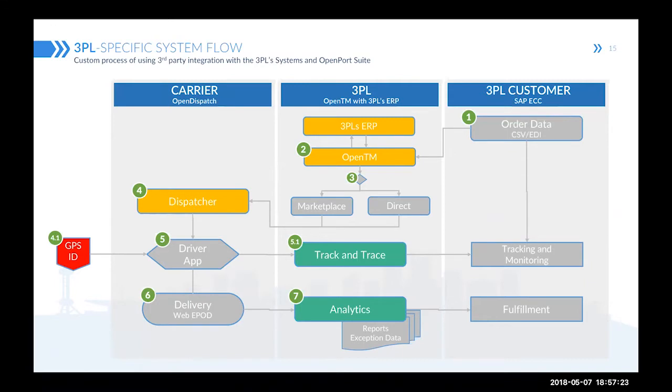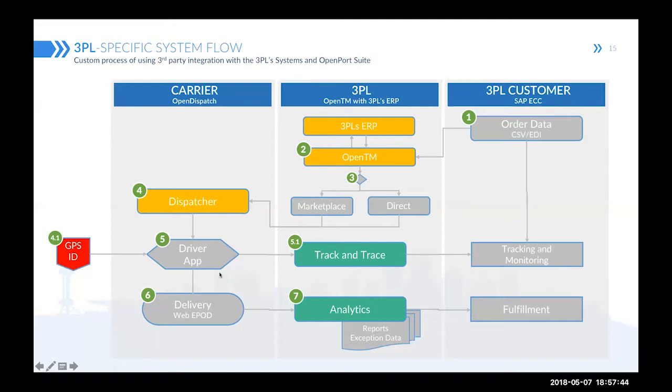In this case, we'll go through an example of direct nomination where the carrier sees the orders via dispatcher tool and then assigns it to the driver app, which then begins track and trace and GPS logging as soon as the driver receives the order information.